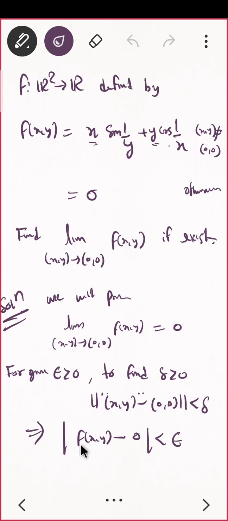That means you have this root of x square plus y square less than delta. So you have this. So what is our consideration part? Consider, what did we do?